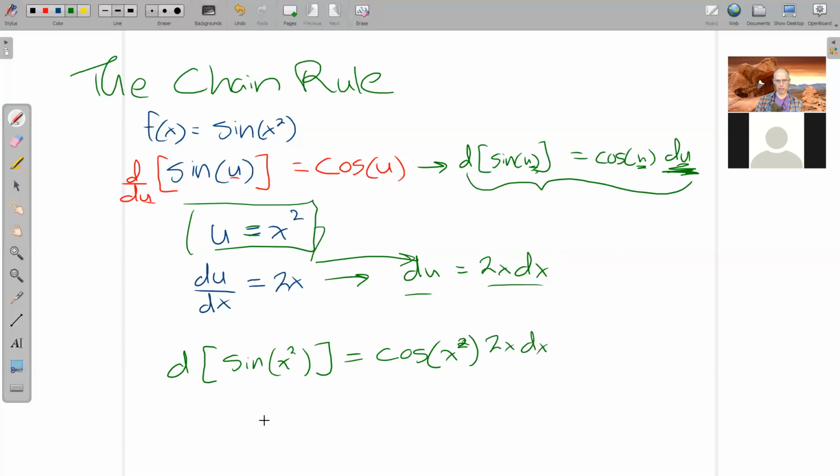And if I want, I could bring that dx to the other side. So the derivative with respect to x of the sine of x squared is equal to the cosine of x squared times 2x.